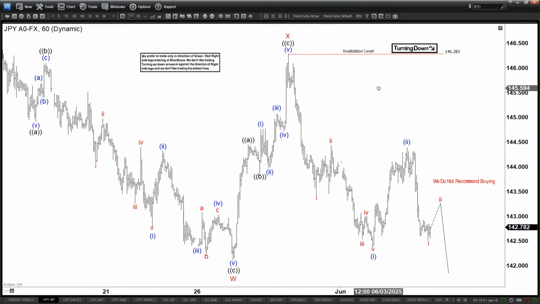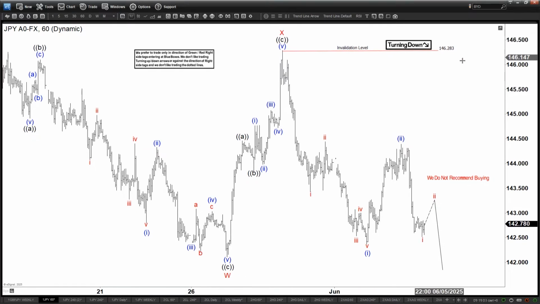Today is June the 5th and the chart of the day for today is USD Yen, 60 minutes time frame. We can see right here we are anticipating a move down below 146.28 and we finished W here, X here. So now within the Y leg down, within the Y leg is going to be ABC.